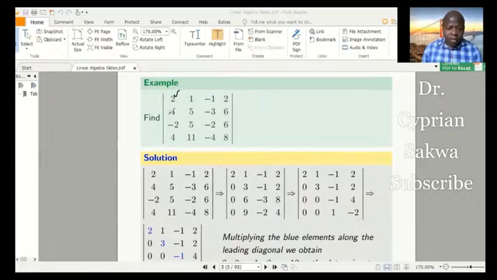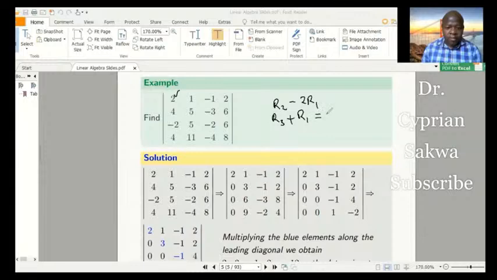So to make this element here 0, that element is in row 2. So I would have row 2 minus 2 multiplied by row 1. So this would be 0. Then I want this one also to be 0. This element is in row 3, so I would have row 3 plus row 1.